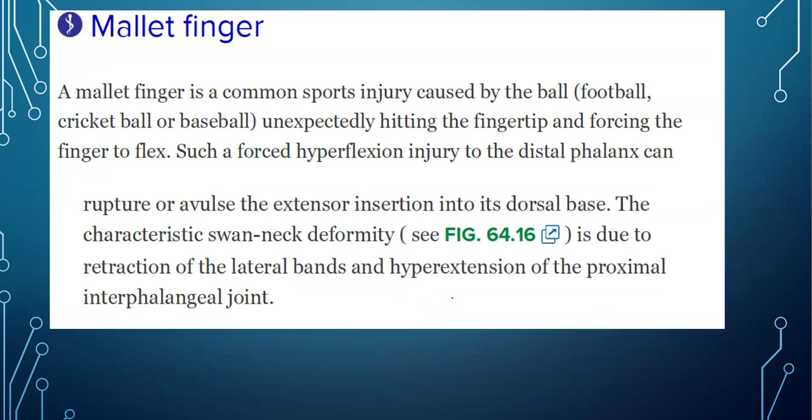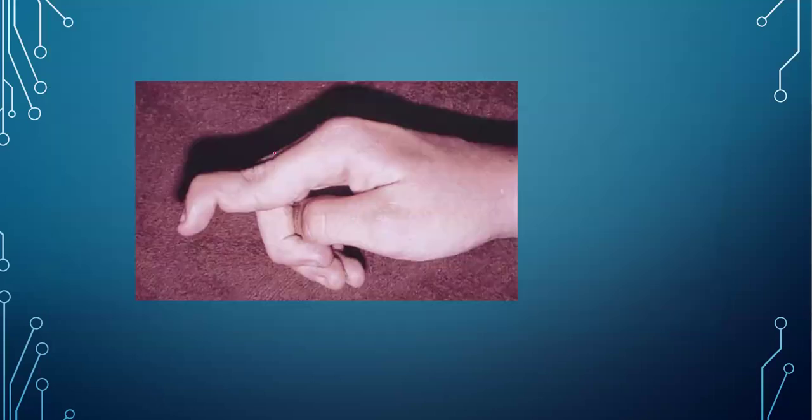Next, mallet finger. Also commonly asked in the exam. So it is a common sports injury caused by a ball, like a football, cricket ball, or baseball, unexpectedly hitting the fingertip and forcing the finger to flex. So it's kind of a hyperflexion injury to the distal phalanx. Let's have a look.